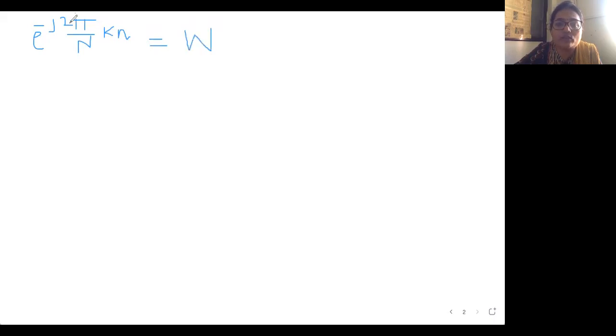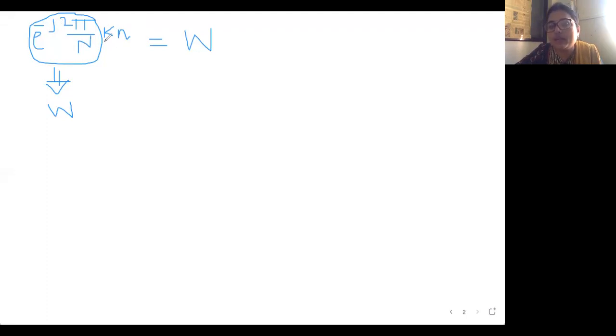W is called the Twiddle factor. Yesterday we talked about this Twiddle factor. The value of W is e raised to minus j 2 pi upon n.